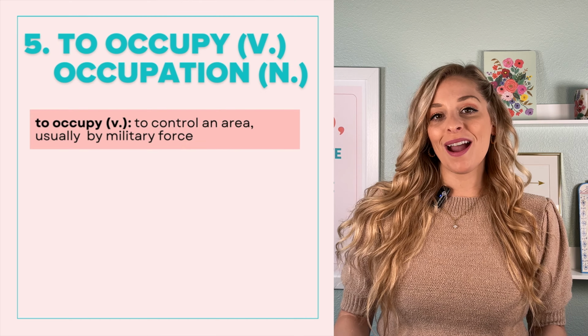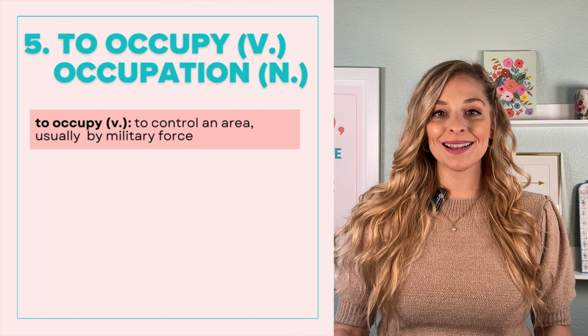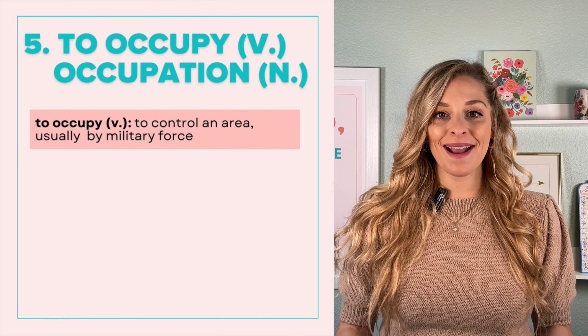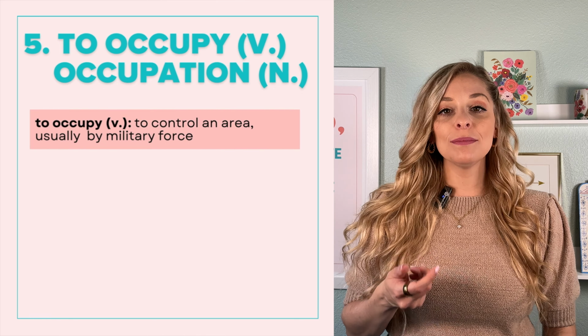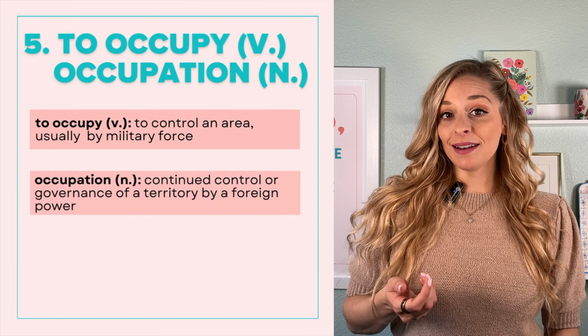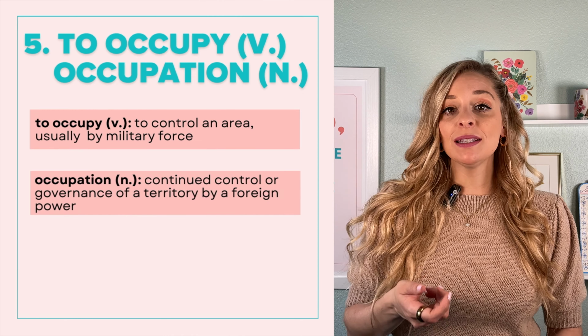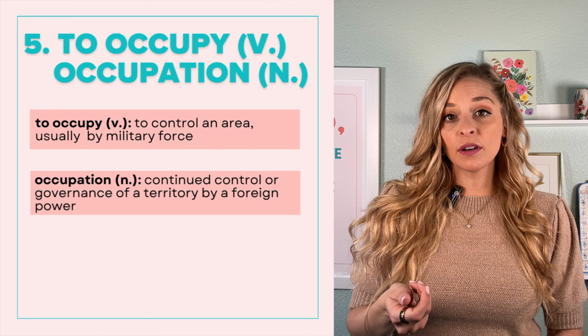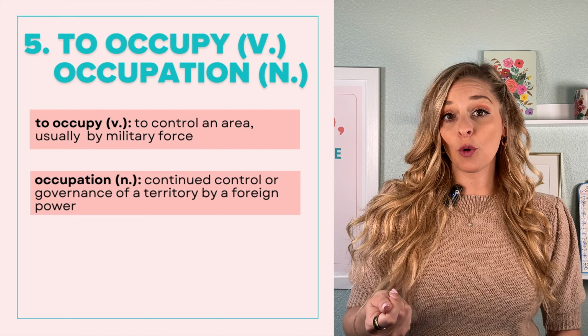And word number 5 is to occupy as a verb and occupation as a noun. To occupy means to control an area, usually by military force. And the noun form occupation means the continued control or governance of a territory by a foreign power.